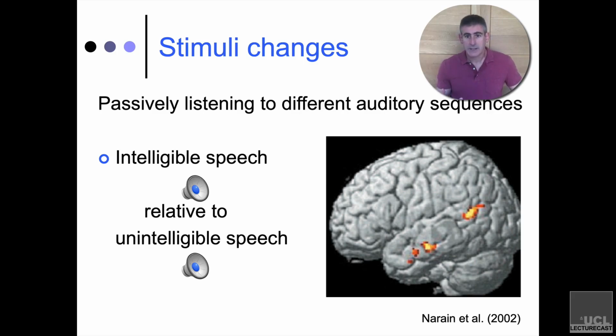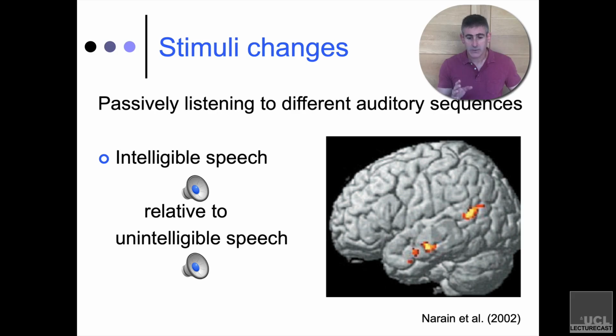Another high-level baseline would be to keep the task the same, but change the nature of the stimuli. So this is an experiment that Charvi Narain ran years ago, where she had people listening to intelligible speech, versus listening to unintelligible speech. But in both cases, the task is the same.